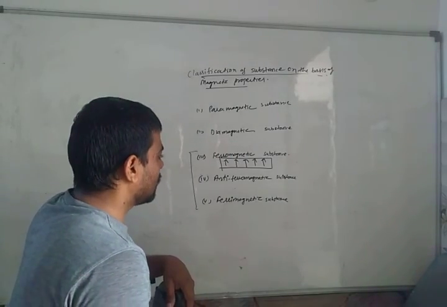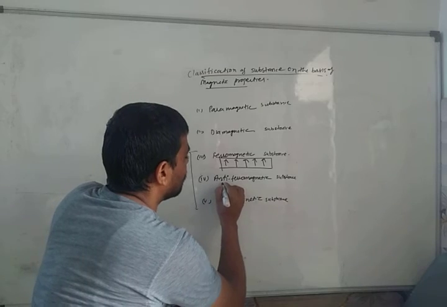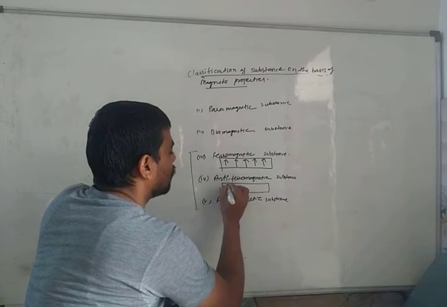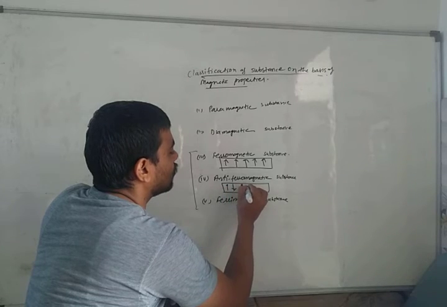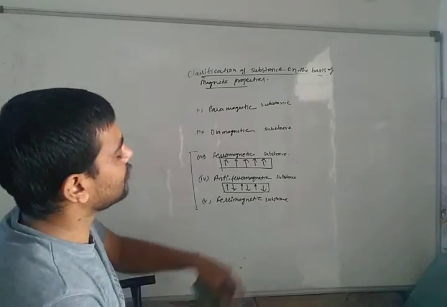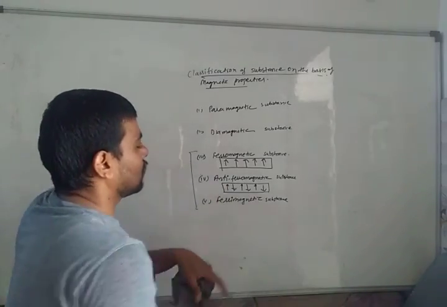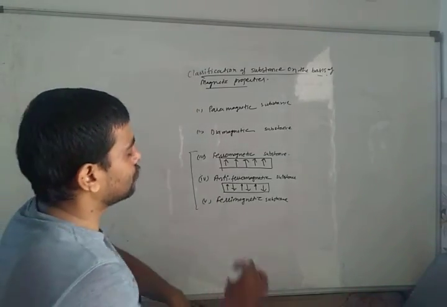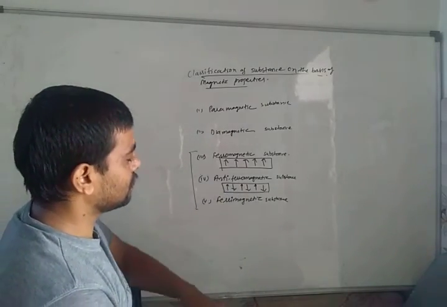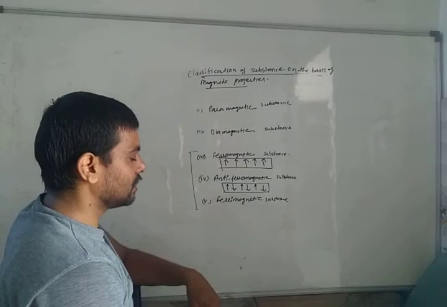In case of antiferromagnetic substance, the alignment of the magnetic domain becomes anti-parallel. It means one is up, second one is down, another one is up, second one is down. So the net magnetic moment in this case becomes zero.